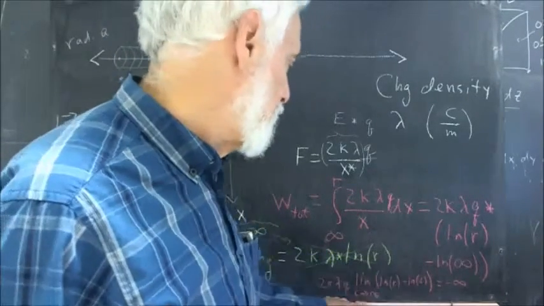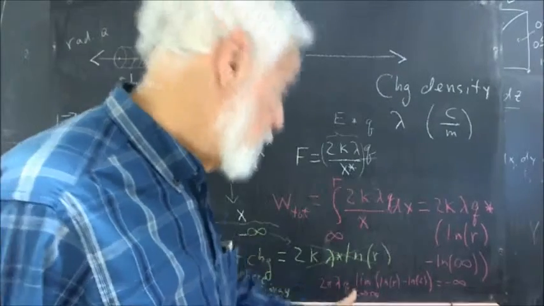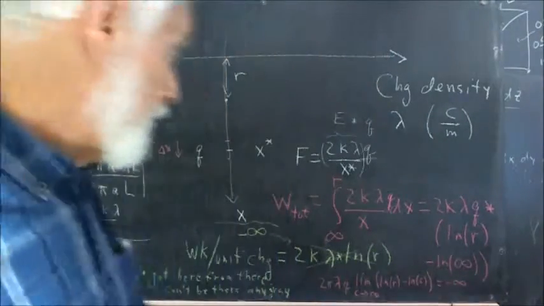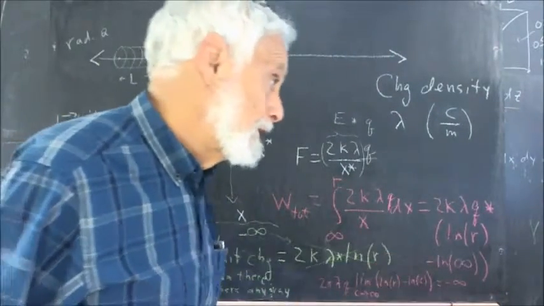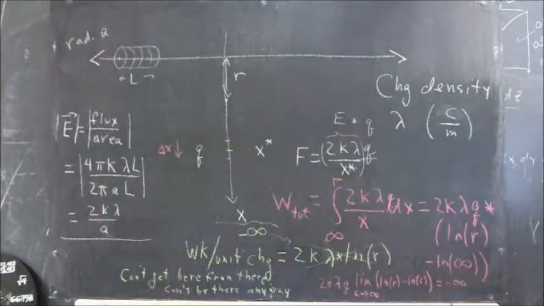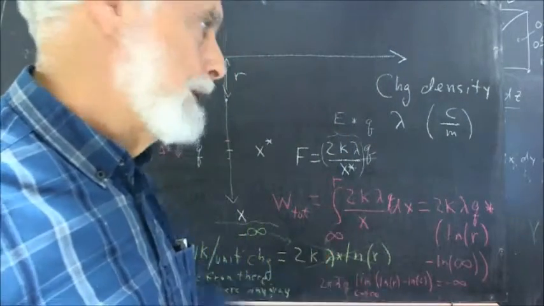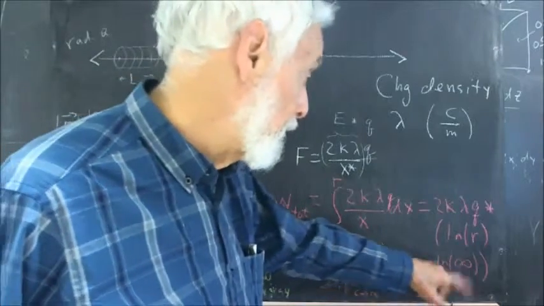And the natural log of c as c approaches infinity means that this limit would be negative infinity. So that this work is not defined. It can't happen. And then the work per unit charge, which I originally had said, I hadn't bothered evaluating the integral at infinity, even though I know better, I wasn't thinking about that.